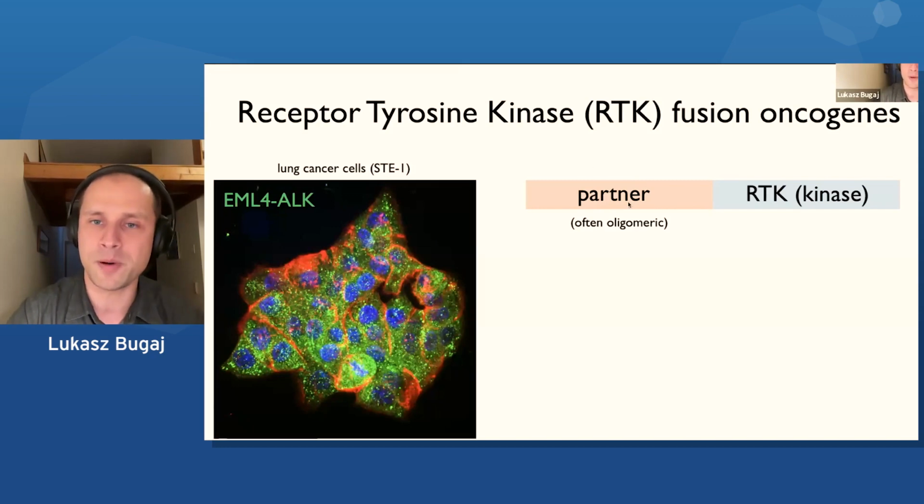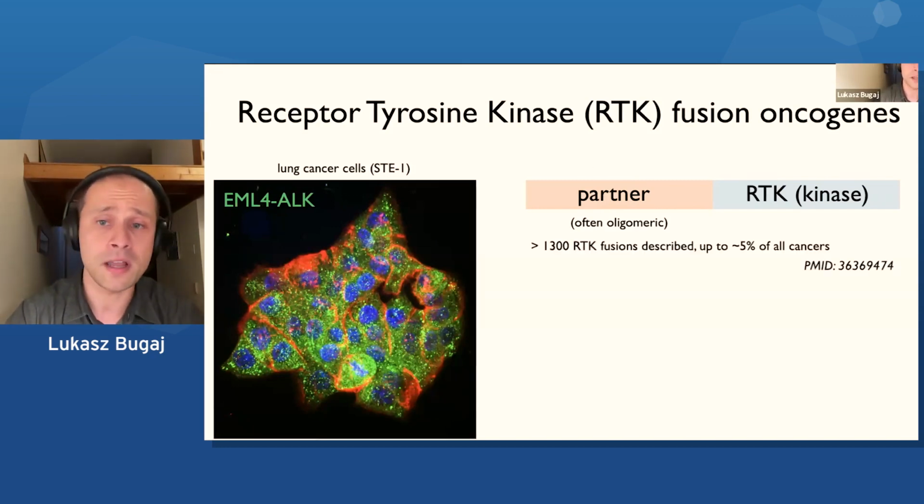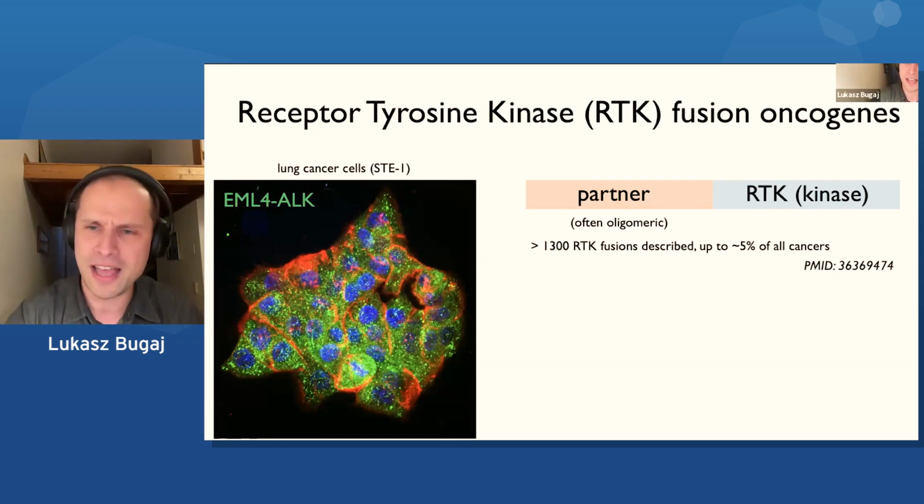And the thing that these partners often have in common is that they're often oligomeric. There are many of these. There are over 1,000 that have been found. And some estimates put them at up to about 5% of all cancers, which is the highest estimate I've seen.